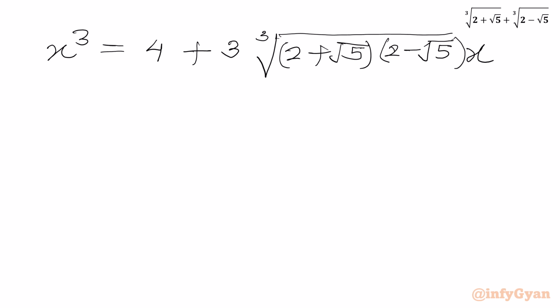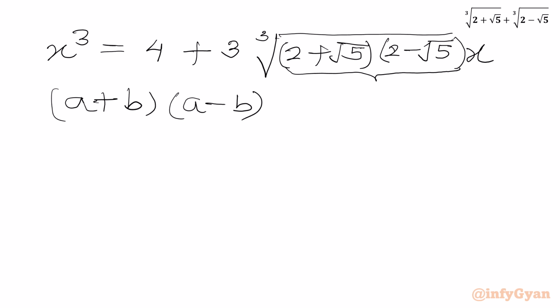Now here we can see it is a plus b times a minus b form. So we know that a plus b times a minus b, this we can write a square minus b square.